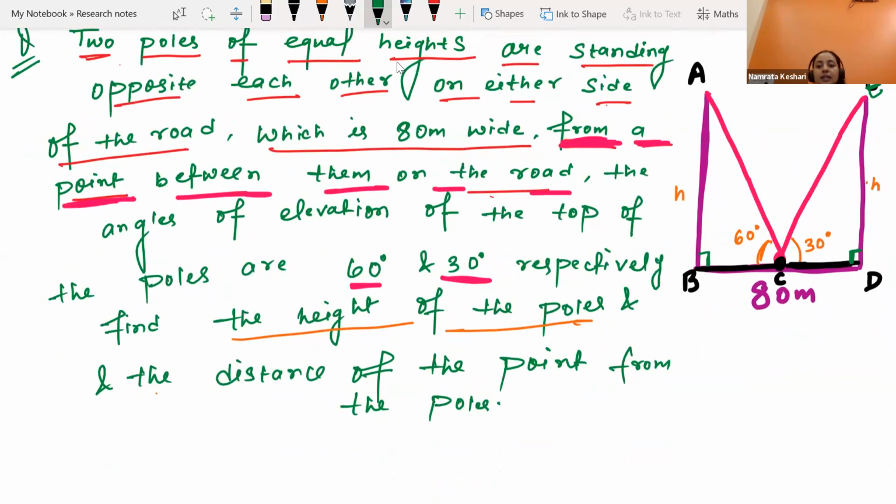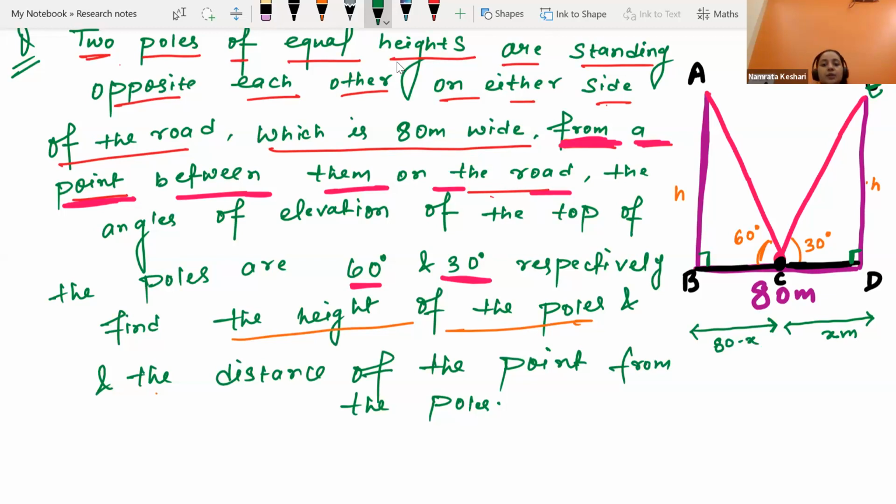So can we say that if CD is x meters, then BC will be 80 minus x? Perfect, Aisha, 80 minus x.